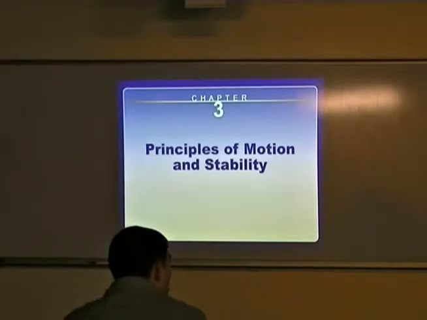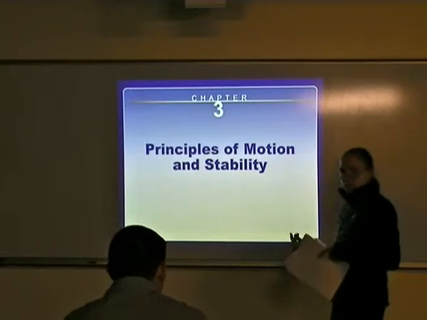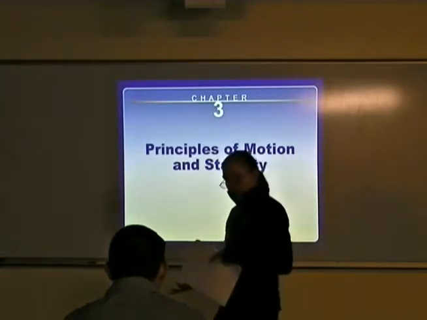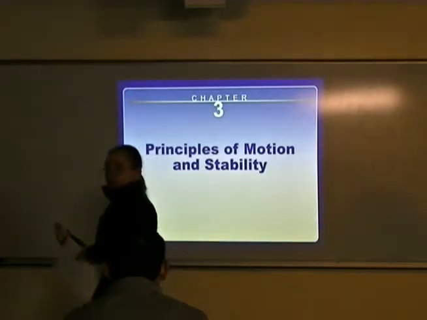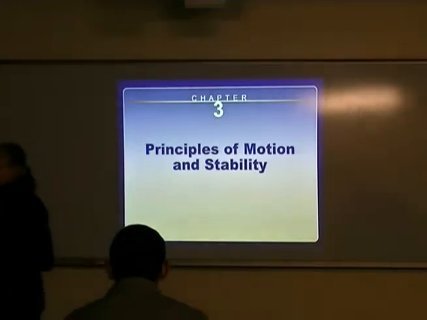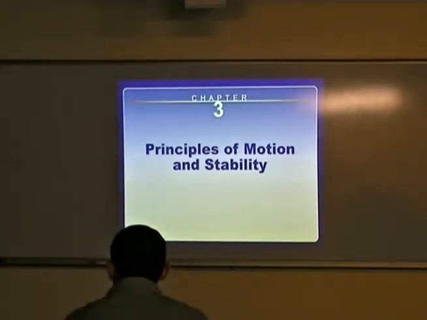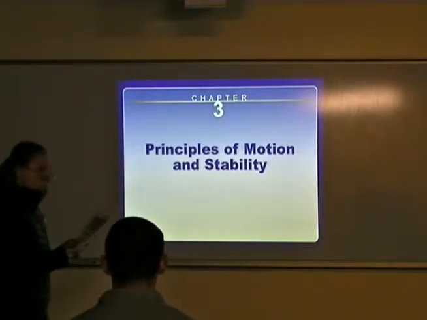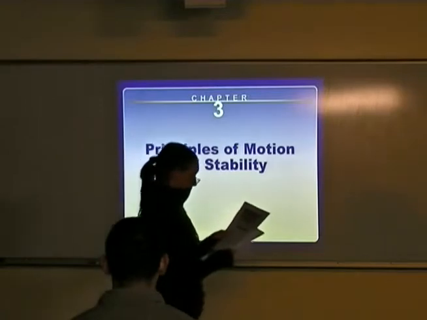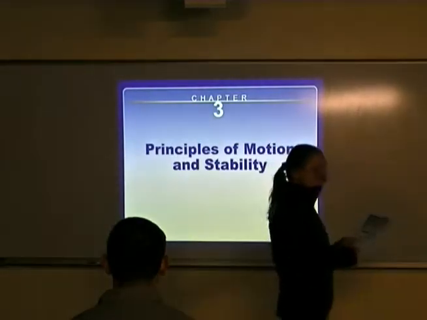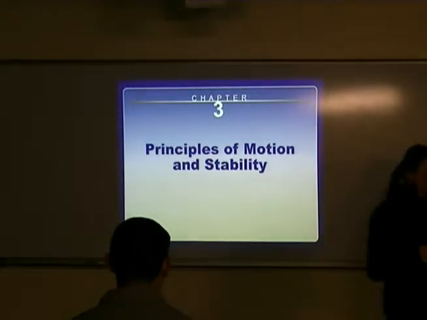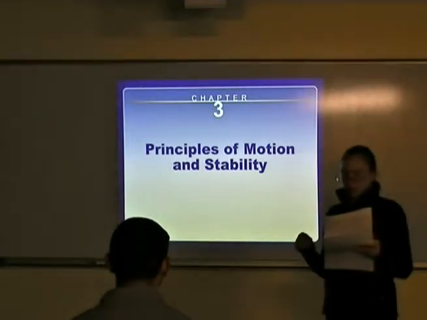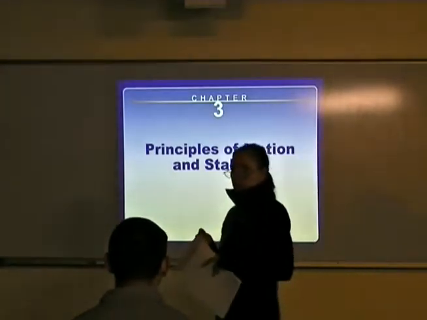All right, so question number 1, what's the shape of a flight path of an object because of gravity? Question number 2, how many laws of motion did Newton produce? Question number 3, does increasing stability lead to increased or decreased mobility?